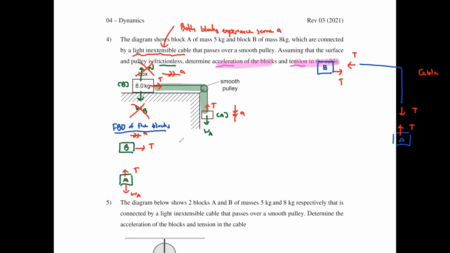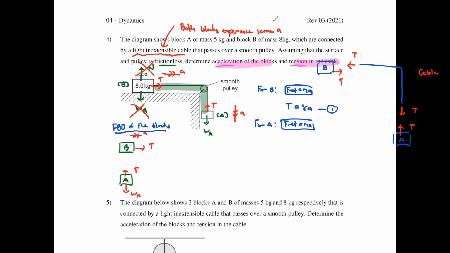Now, for block B, I know that Fnet equals MA, the general form of the equation. I will say that T equals 8A. This is equation number 1. And then for A, again Fnet equals MA.